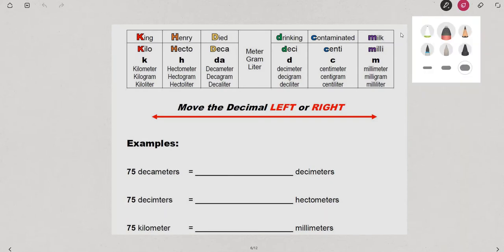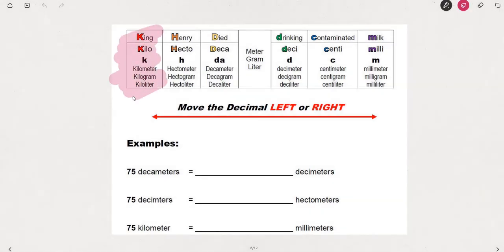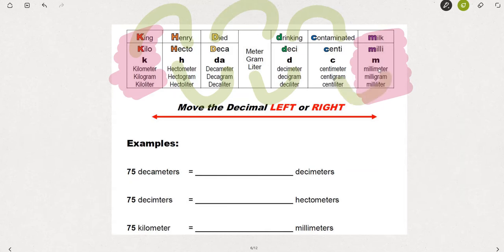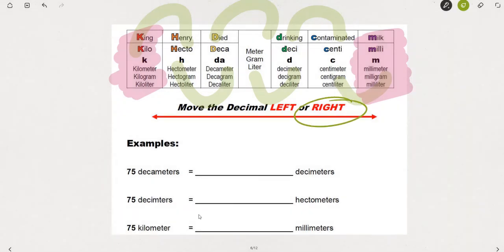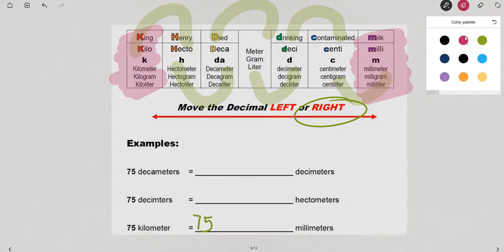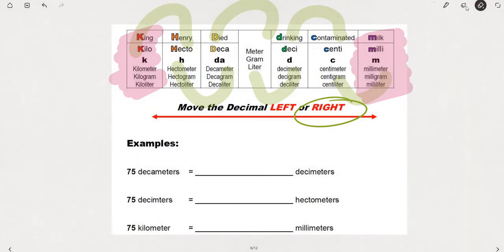If we wanted to go from a kilometer to a millimeter, it looks like we would be moving 1, 2, 3, 4, 5, 6 decimal places. If I go 6 decimal places right, let me make this consistent with the other examples.